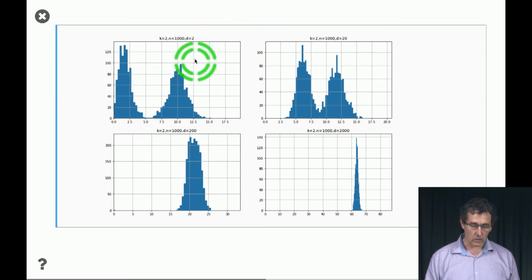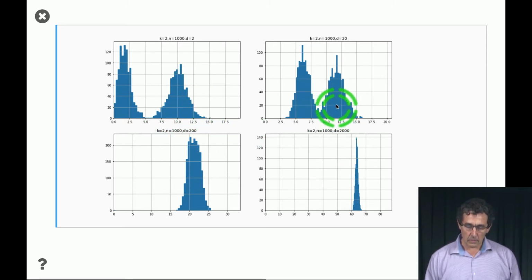So here's how it looks. In 2 dimensions, we have a very clear separation. Here are the distances between things in the same cluster, and here are the distances between things in 2 different clusters. In dimension 20, these two clusters start to merge. So it's a little bit harder to separate what is a distance within a cluster and between clusters.